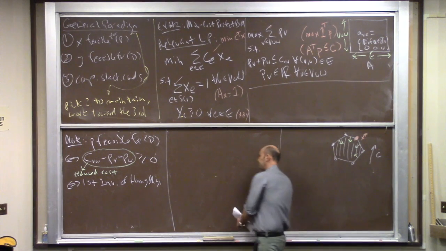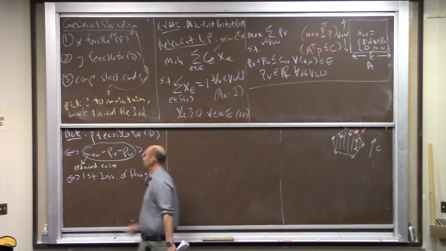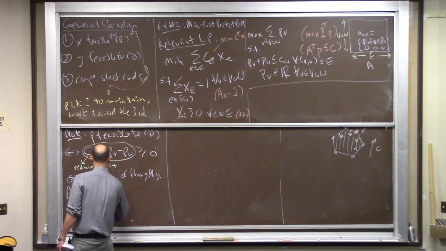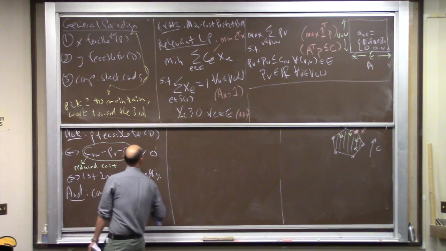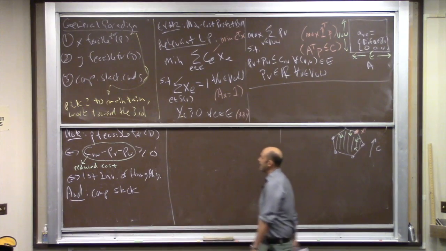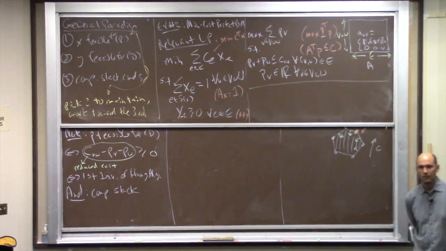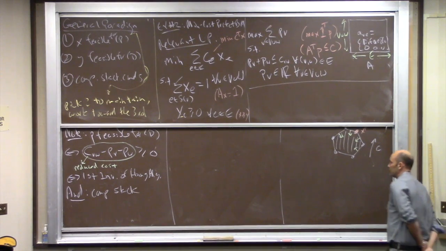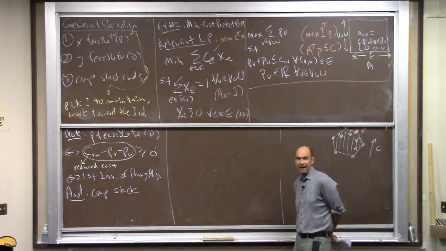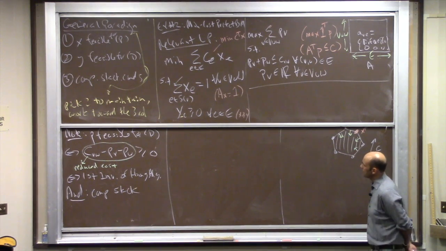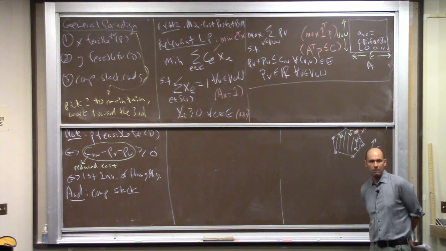Not only that, what does complementary slackness mean for this primal-dual pair? Okay. Complementary slackness always says that if some decision variable has a non-zero value, then the corresponding constraint should be tight, should hold with equality. Now here actually there's only one set of non-trivial complementary slackness conditions, not two like before.